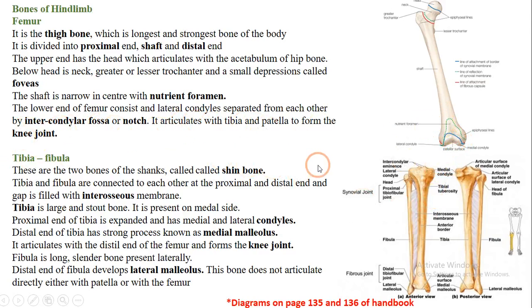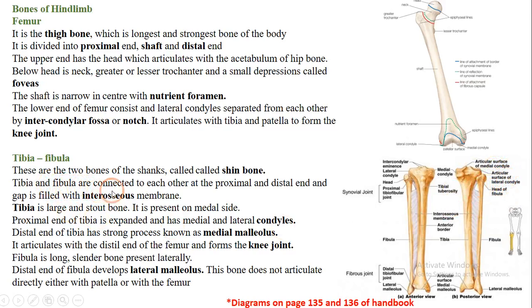This articulates with the tibia and the patella and forms the knee joint. The tibia and fibula form the shank, or shin bone, of your legs, or of your hind limbs.